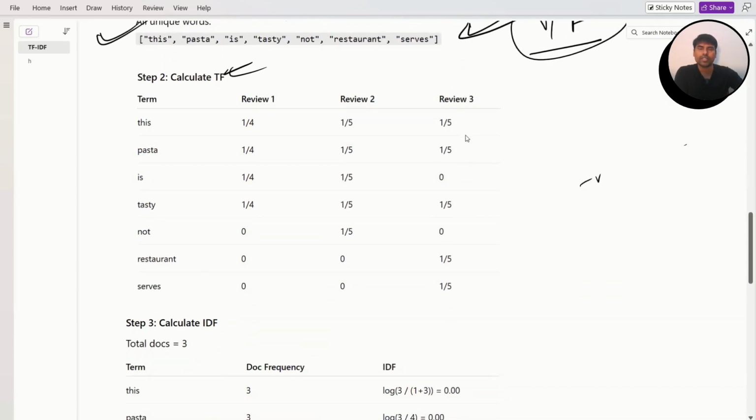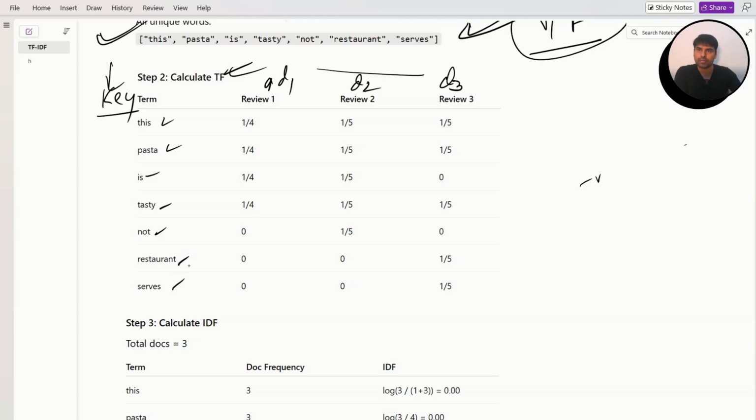So in the table we create 3 columns, one for D1, one for D2, one for D3, and one column for all the keywords. So one column for keywords and the others for my documents. My keywords are: this, pasta, is, tasty, not, restaurant, serves. This is my column 1.